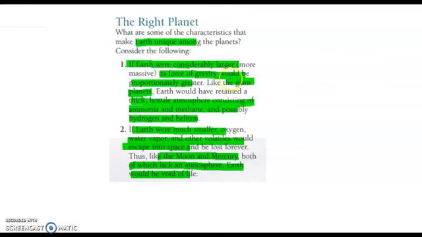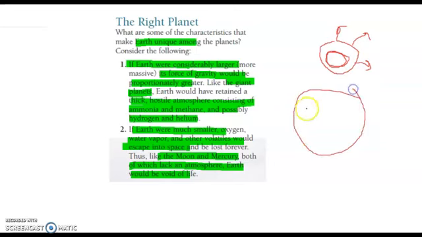And the second point is, if Earth was much smaller, oxygen would have escaped into space, or even every gas present in the atmosphere, even the atmosphere wouldn't be there, because if Earth was smaller, the atmosphere around it would escape, because gravity wouldn't be high enough to retain it. And if it was large enough, the atmosphere would be thick. Sorry about my drawing, because I'm drawing with the mouse, so please bear with it.